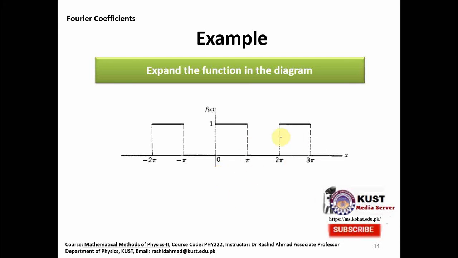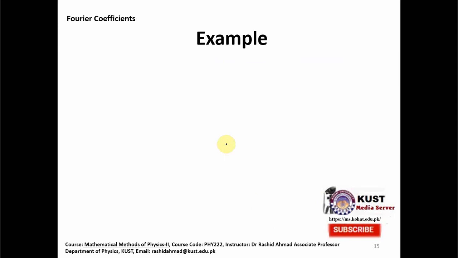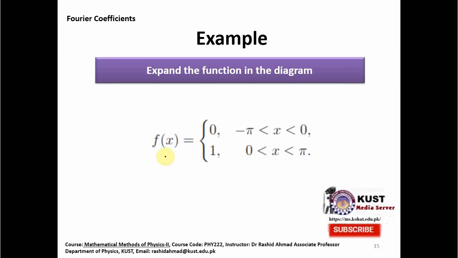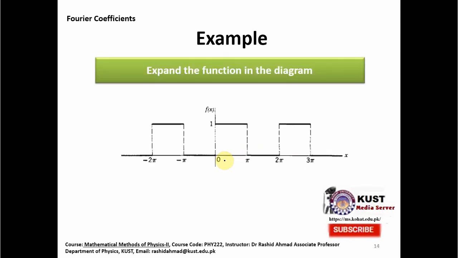So this is just the diagrammatic representation, and we can put it into the mathematical form. For example, here you can see that in this interval this function in this diagram was equal to 0, and in this interval it was equal to 1. If you go back to this diagram, you can see when it is equal to 0 and when it is equal to 1, from 0 to pi in this interval.